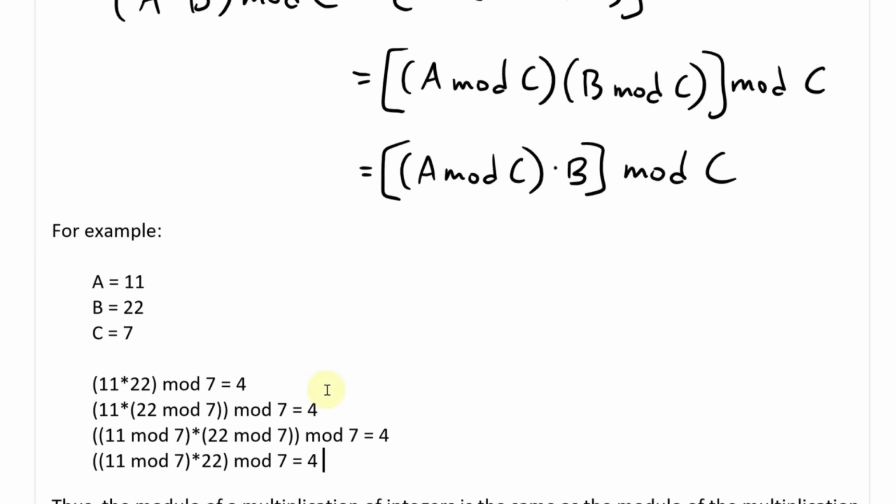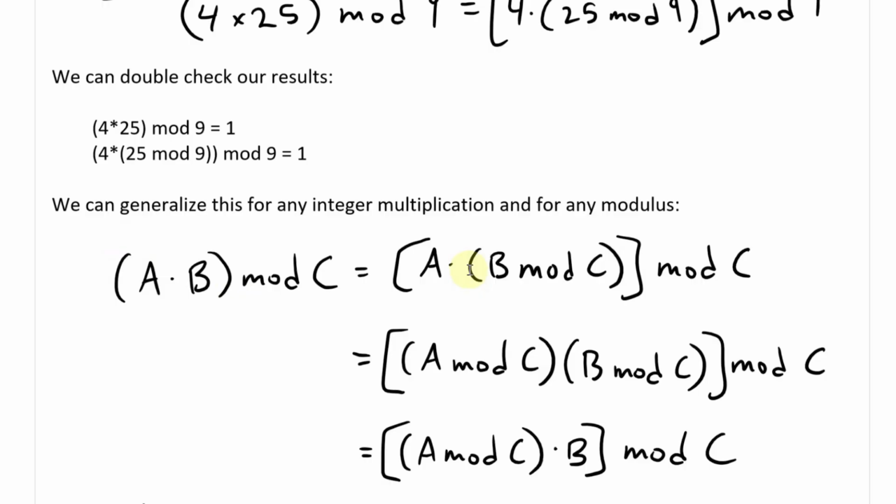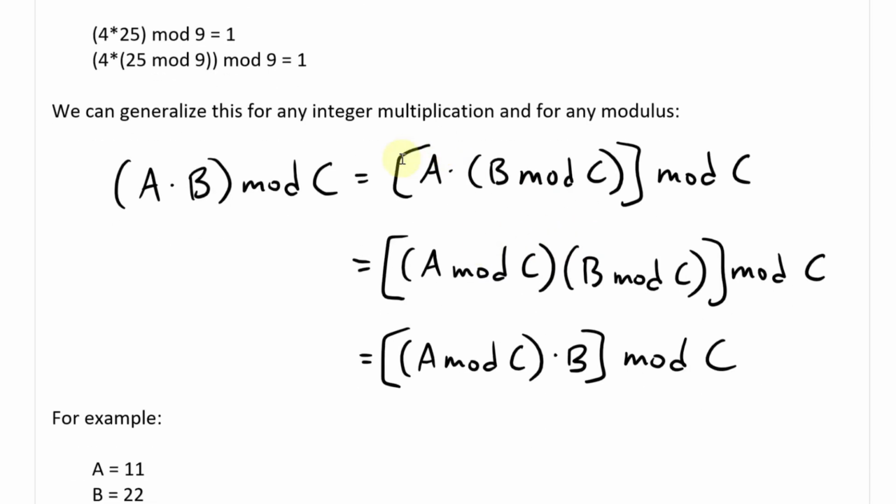Again, the reason is that these give integers. For example, if you have a times b mod c, you could apply the same identity, where we consider that this a is being multiplied by the integer b mod c. These just give integers, so it can be considered an integer. They're all integers.